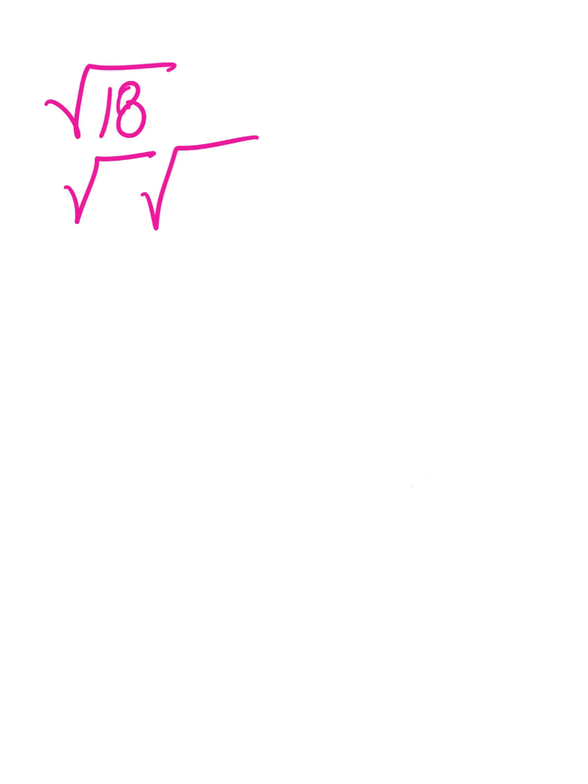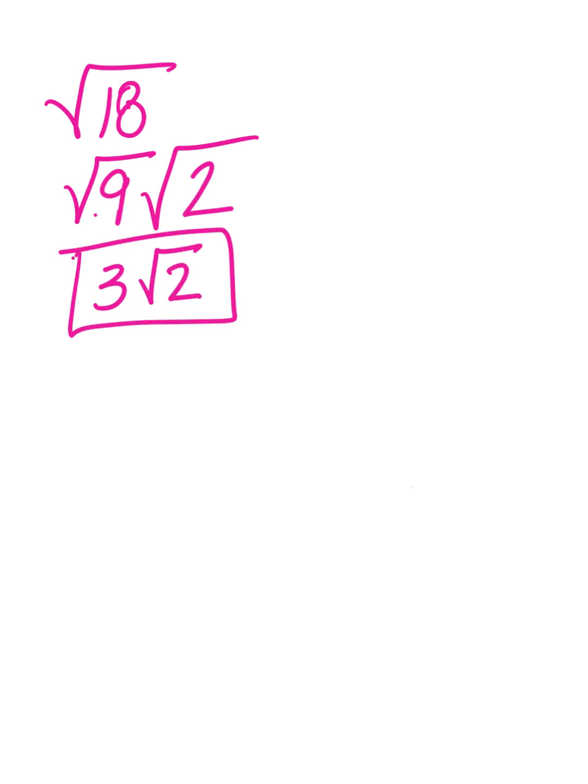So the square root of 18. I know it got really tiny over here. I know that 9 will go into 18 2 times. So the square root of 9 is 3, times the square root of 2. So that would be that.